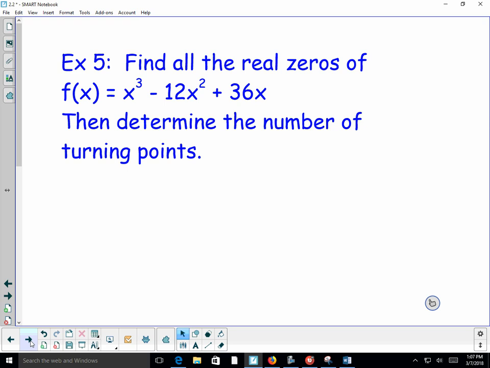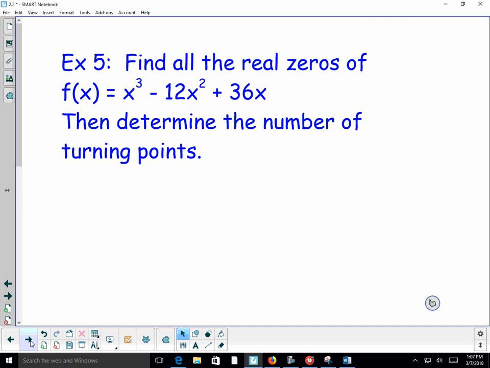Okay, so if you have an example like this, this says find all the real zeros of f of x equaling x cubed minus 12x squared plus 36x. Then determine the number of turning points. So for this, can we factor this polynomial? Any common factors?